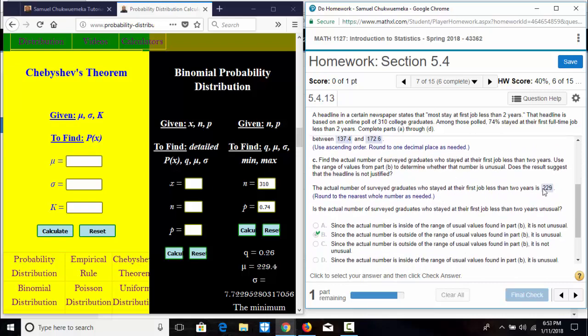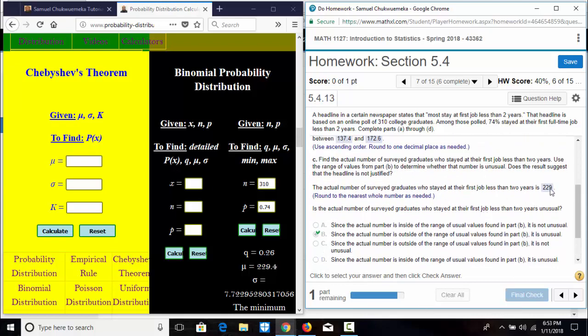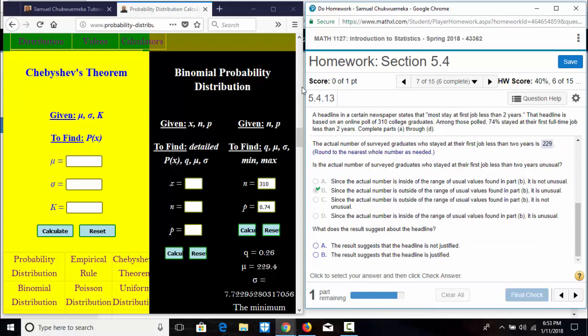From what we got, it's outside the range, which shows that the headline is justified. 229 is greater than the maximum value, 172.6. So the headline is justified because most stay at first job less than 2 years. So we will say that the result suggests that the headline is justified.